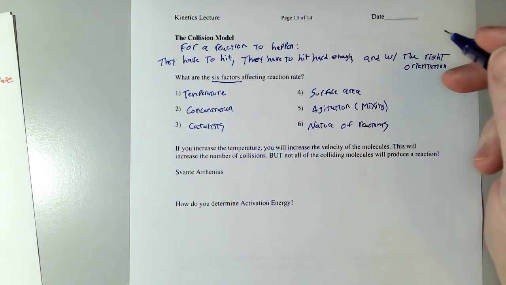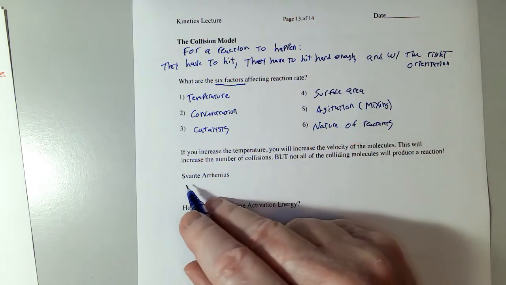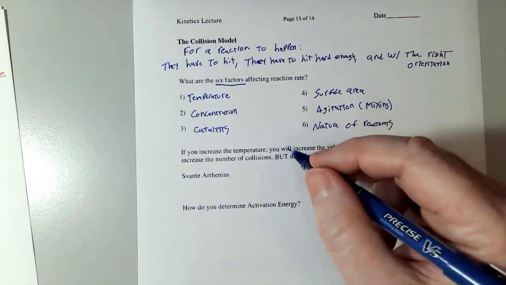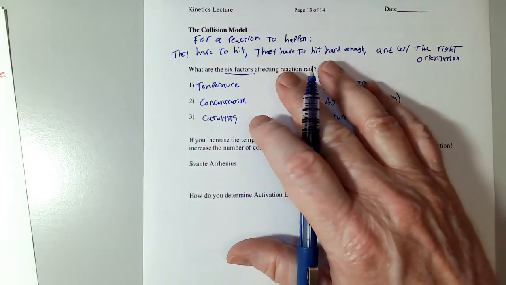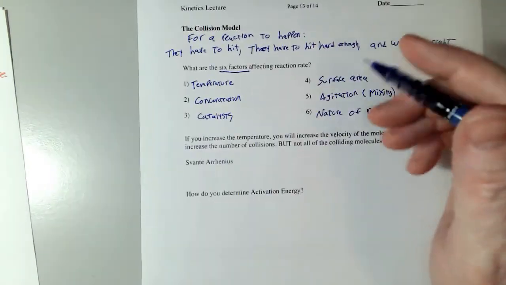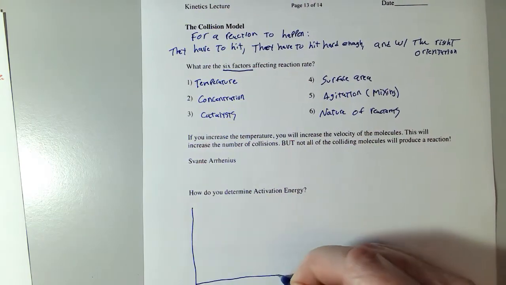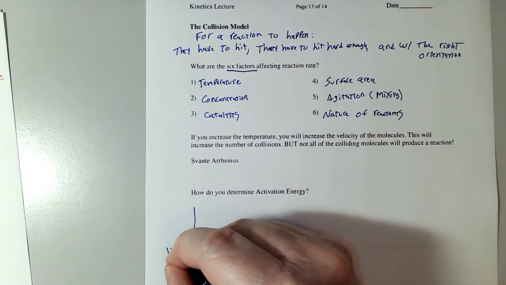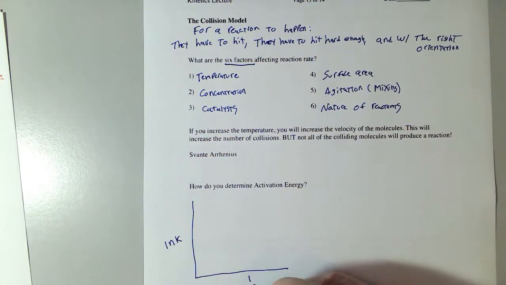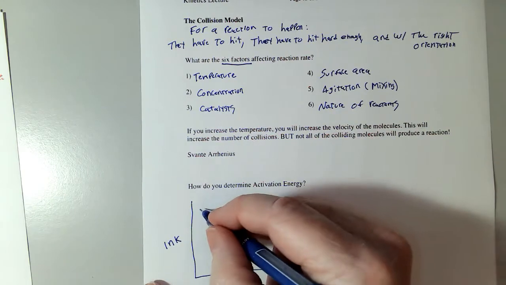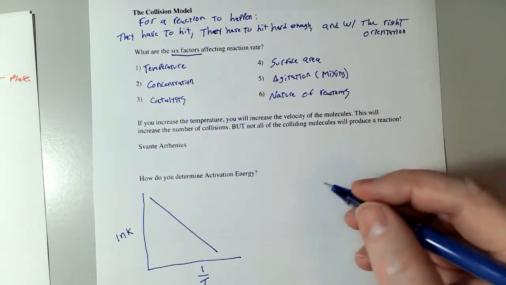Okay, so this relationship with temperature was mapped out by a guy named Svante Arrhenius. Now, he basically invented physical chemistry, okay, especially kinetic stuff like that. And what he found was that if you plot the ln of the rate constant, K, versus 1 over the temperature, you get a straight line that goes down.